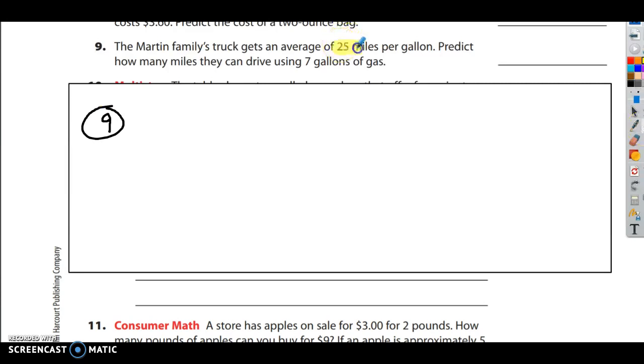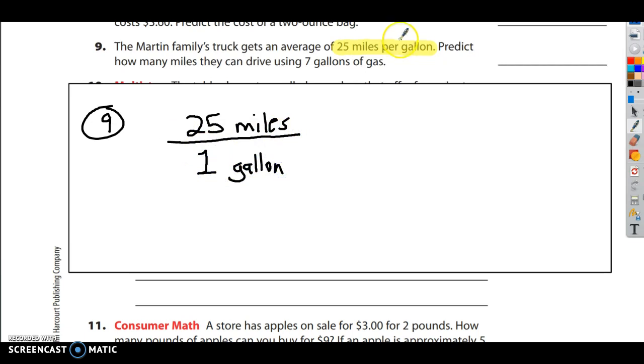This right here is 2 numbers. 25 miles per gallon looks like this. 25 miles per 1 gallon. I know it doesn't look like there's a 1 there, but there is. Per 1 gallon. Now what we need to figure out is how many miles they can drive using 7 gallons.